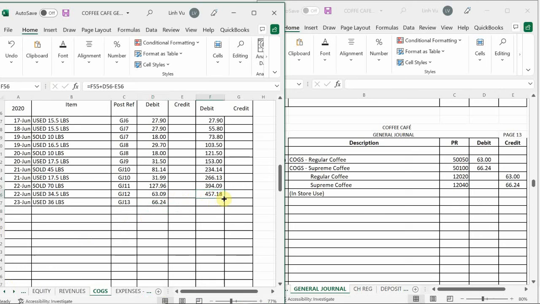And that gave me a grand total of $523.42. Okay? And then we need to update my inventory.